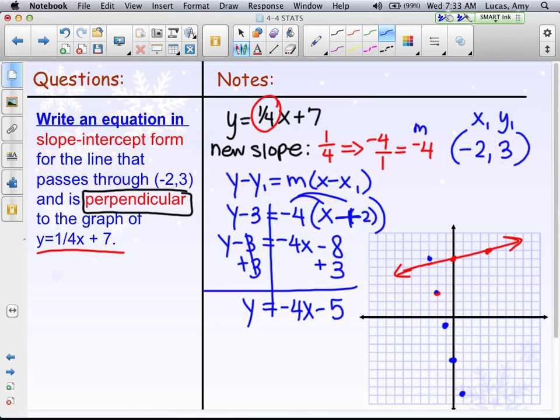Like that. And now my new line forms a 90-degree angle with my original one. And it went through the point that was required.